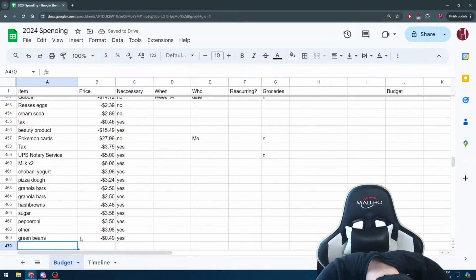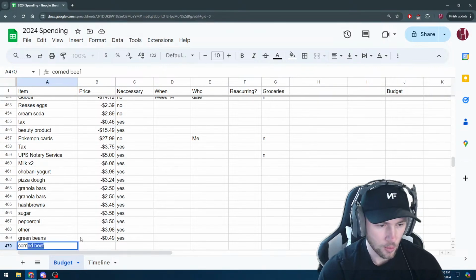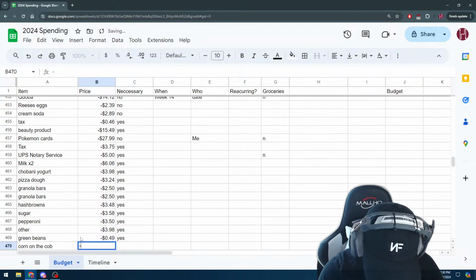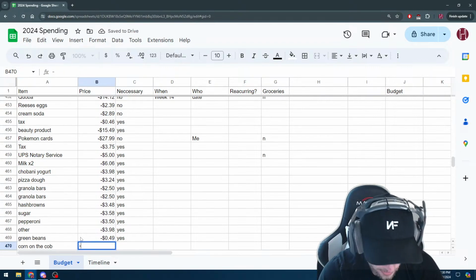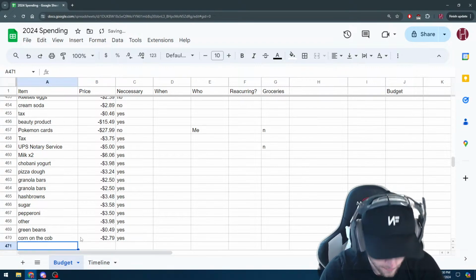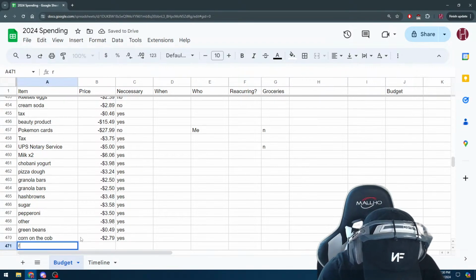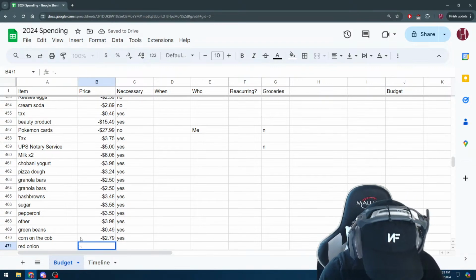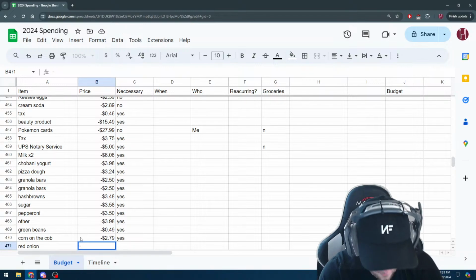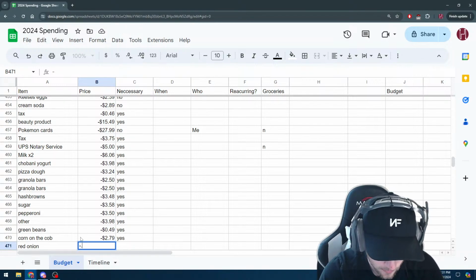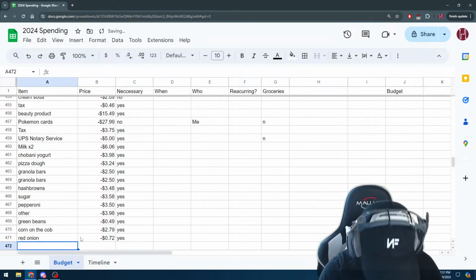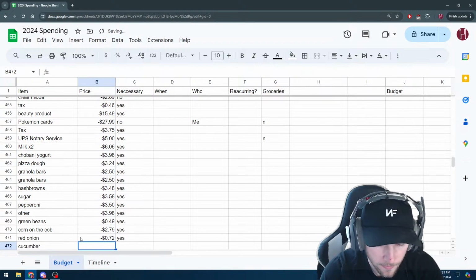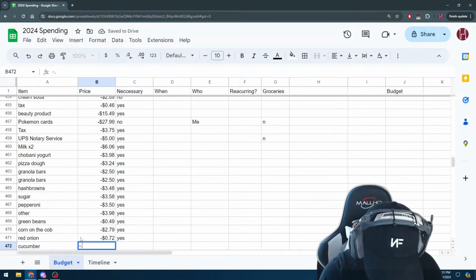Some corn on the cob, 2.79. Red onion, 72. And cucumber, 50.